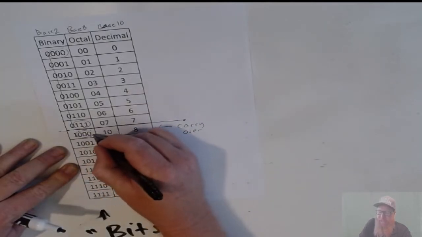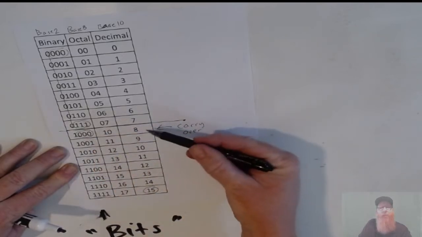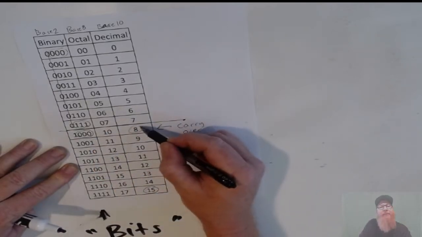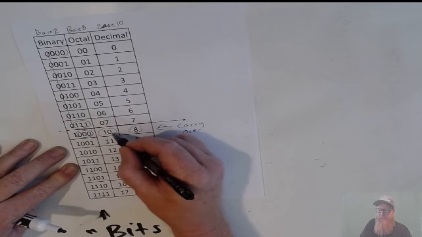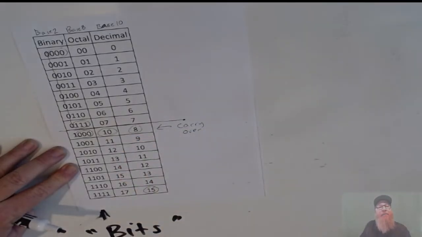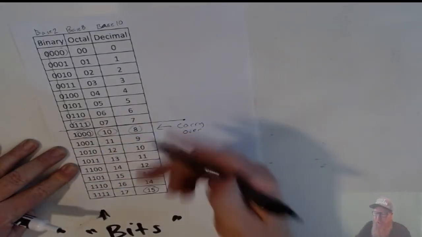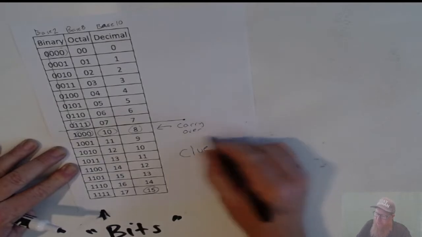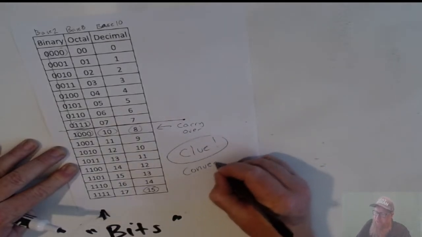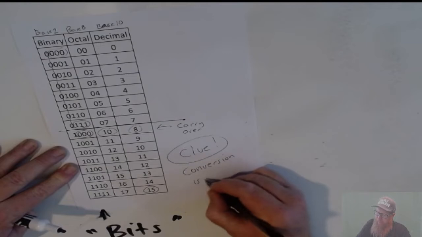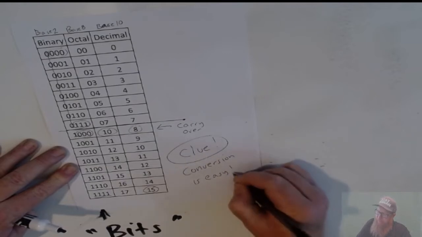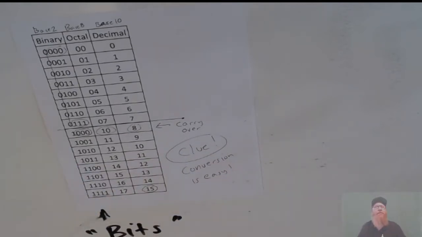It starts again with 0, 0, 0 when you get to the octal number 8, which looks like 10. So this is a clue that conversion is going to be much easier in this particular base.